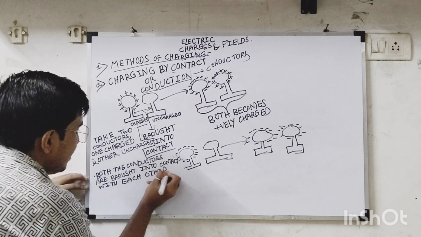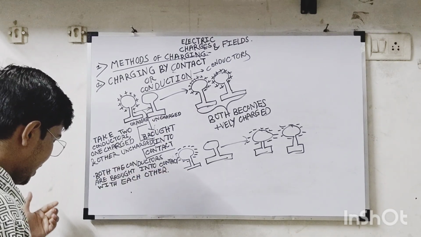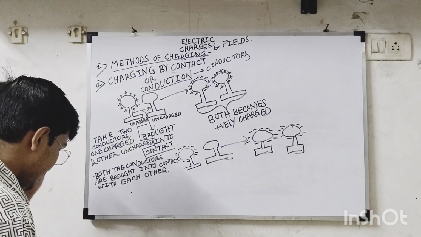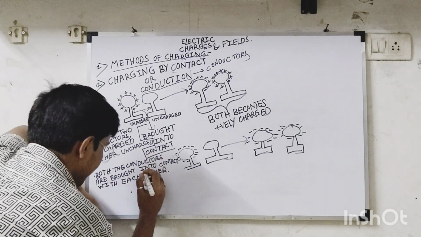Now, what will happen? The charge, whether negative or positive, under its own repulsion, will spread over both the conductors.